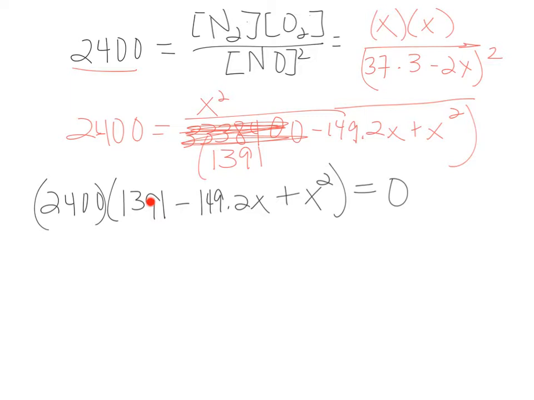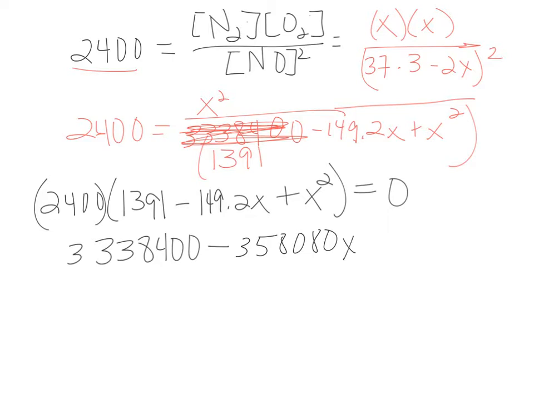2400 times 1391 is, I hope, 8400 minus 358080x plus, oh wait, I did make a mistake, 2400 x squared, and this is not 0.